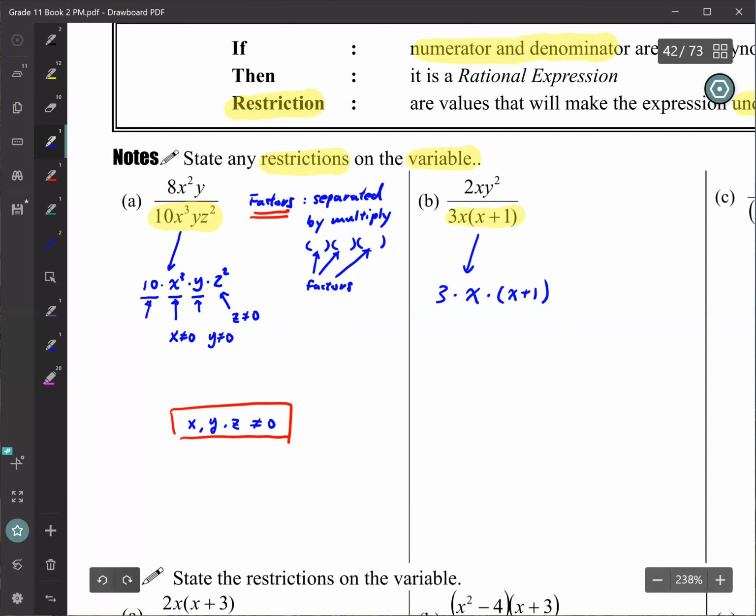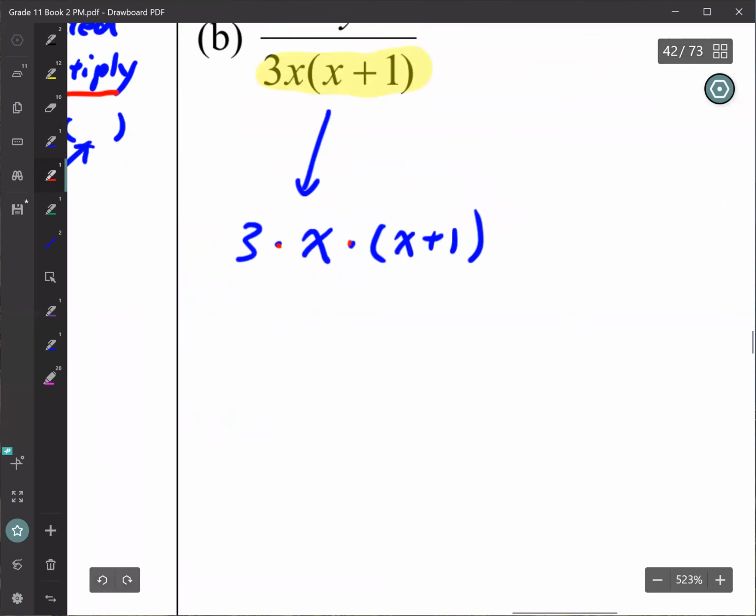So this one is already factored for you. Remember, factors are separated by multiplying, so we have multiplying in between them. The x and the 1 in x plus 1 are not factors, because they're connected by plus. Inside the x plus 1, there are 2 terms, but you don't call them factors.